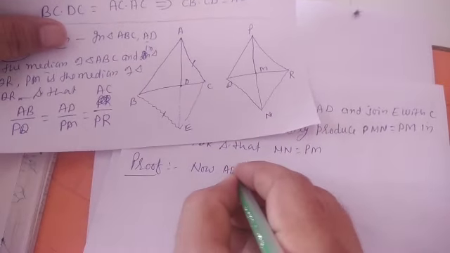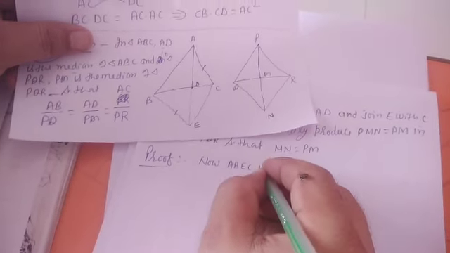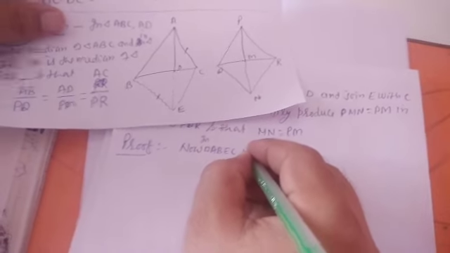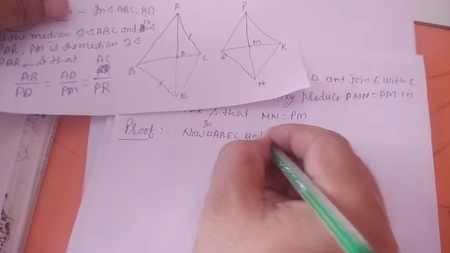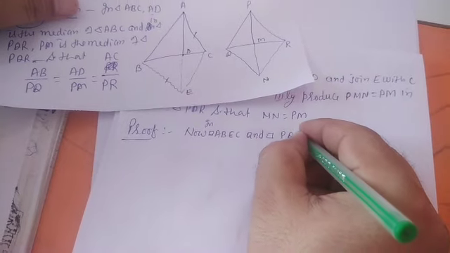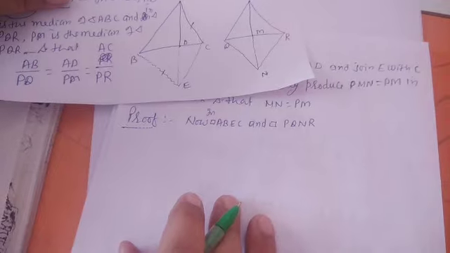So now A, B, E, C, now in quadrilateral, and quadrilateral P, Q, N, R. Understood?